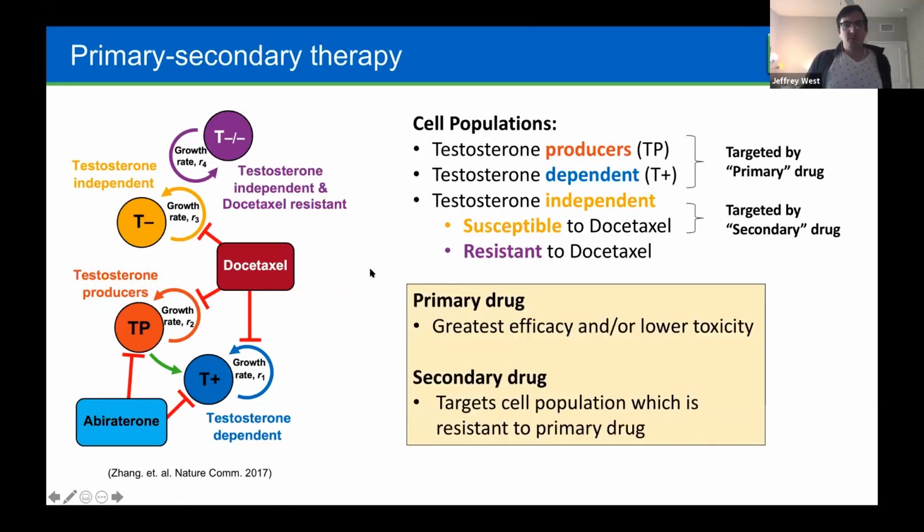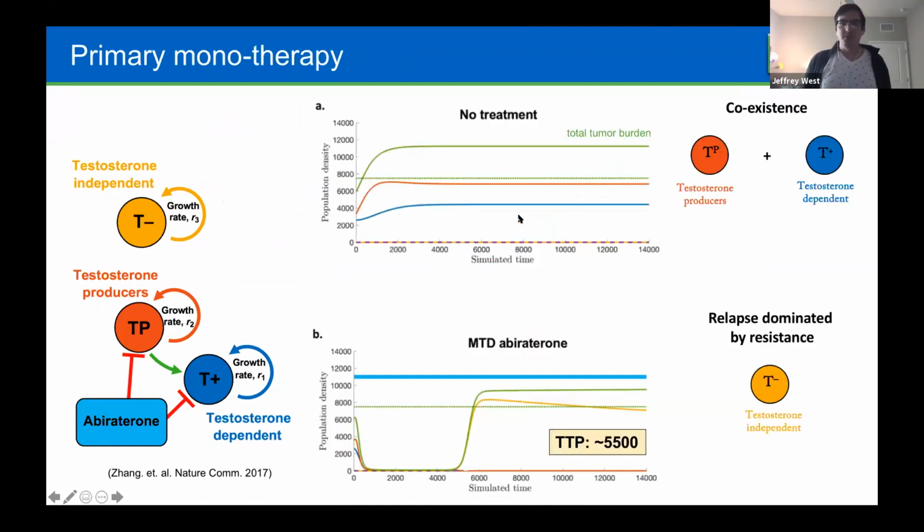The idea with the primary secondary approach is that we want to use the primary drug as the drug with the greatest efficacy or the lowest toxicity, and the secondary drug just targets the population that is resistant to the primary drug, which in this case would be the yellow independent cells.